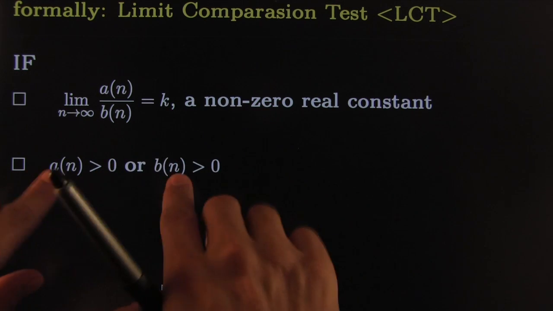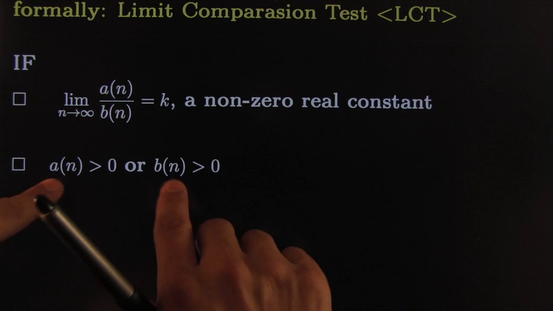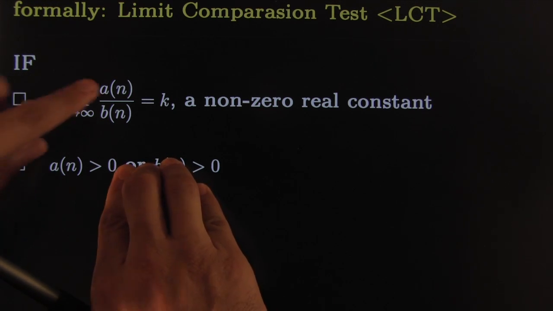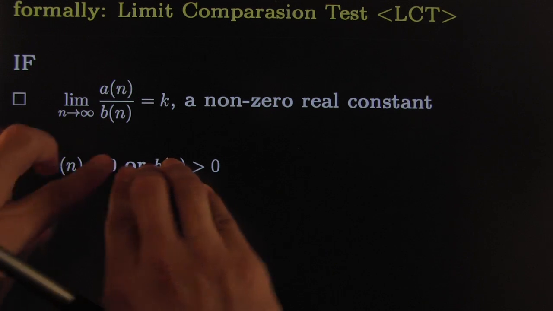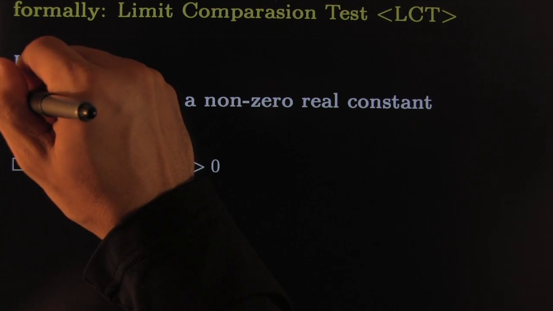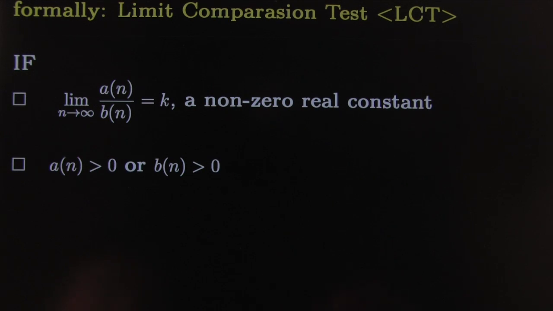Okay, and then you just check to make sure nothing bad's going to happen, so you can slap sums on both sides. At least one of them should be positive. Either the numerator sequence should be positive, or the denominator sequence should be positive. Once you check these two things, then you're good to go.